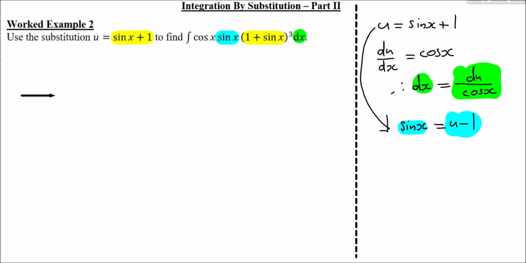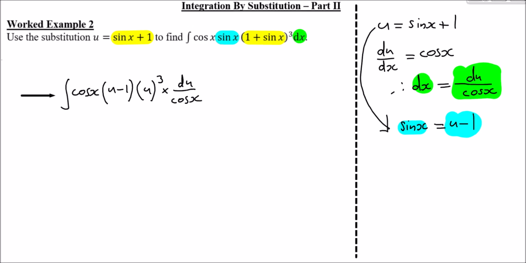So this integral becomes cosine x multiplied by sine x, which in terms of u is u minus 1, multiplied by this, 1 plus sine x, so is u, that's cubed. And then dx tagged on the end, and dx we've shown is du all over cos x.